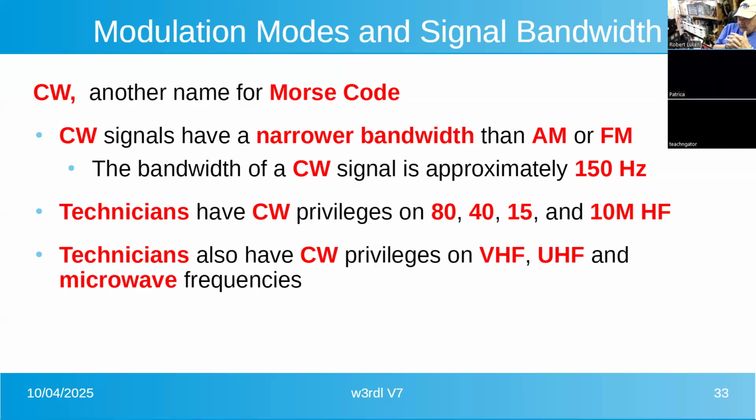So with a technician license, you can do CW on the lower bands, the 80, 40, and 15, and also the 10, where you have some limited voice privileges as a technician. And also you can do it on the VHF and UHF and above, although I'm not sure how much CW activity is up there, but it's allowed. The key, I think, is to remember that it's 150 hertz wide.